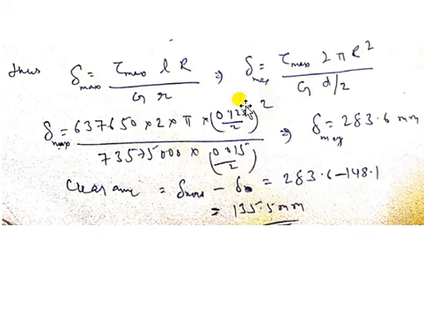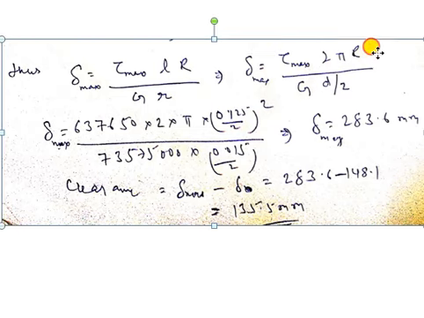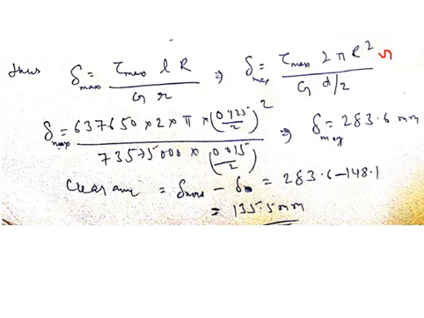There should be n, and I should multiply n, which is 10, given in the problem. So here I have substituted this n, 10.